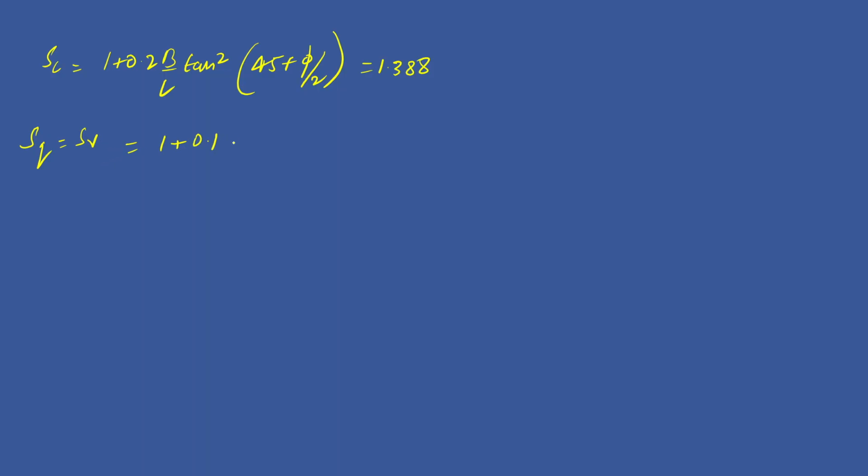Sc is equal to 1 plus 0.2 B by L tan square(45 plus phi by 2), 1.388, and in other terms Sq is equal to S gamma, 1 plus 0.1 B by L tan square(45 plus phi by 2), is equal to 1.19.